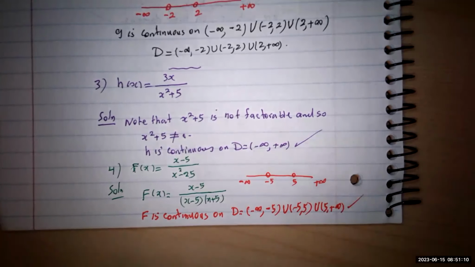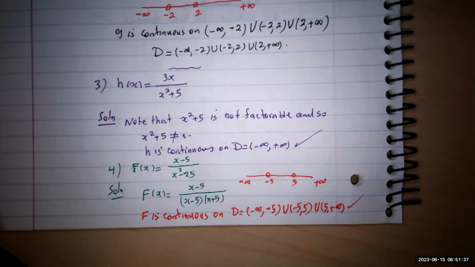So that would be the domain of the continuity. So don't simplify it, because they ask for the continuity. It's not algebra. If you simplify it, you miss one of those points. But if you graph it, you will see two holes on this graph, one at -5 and one at 5.